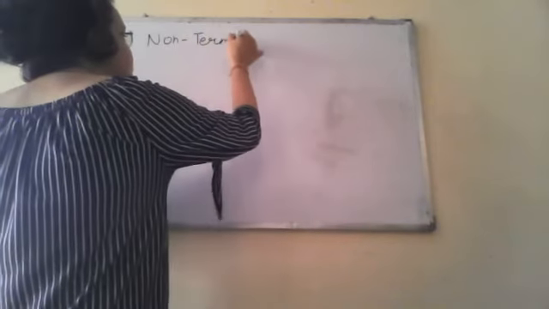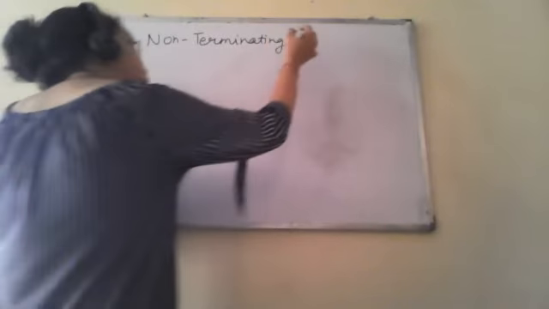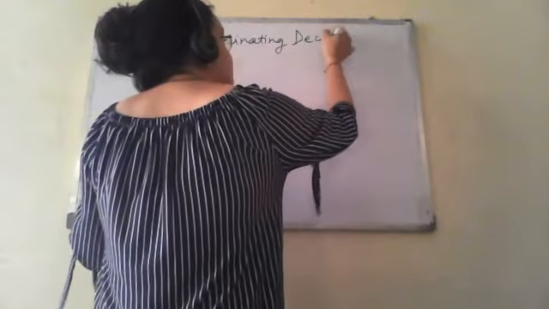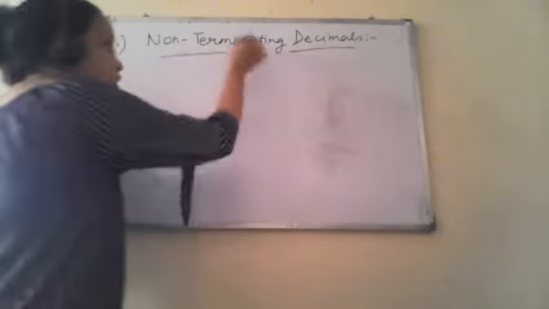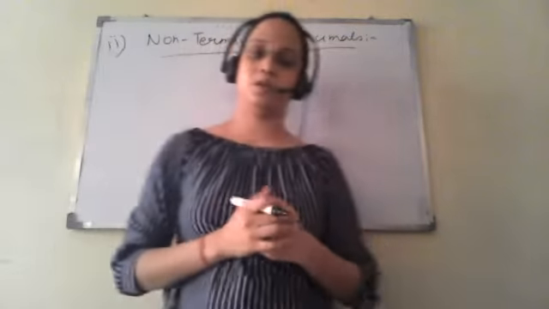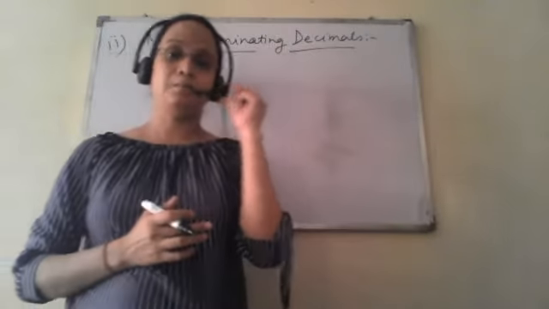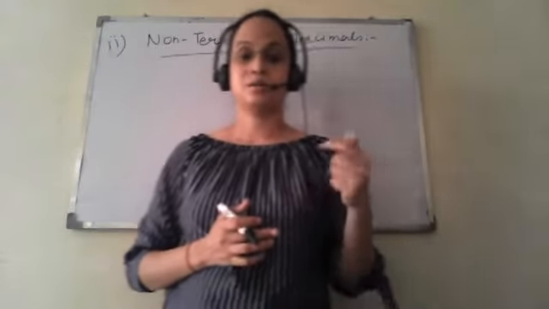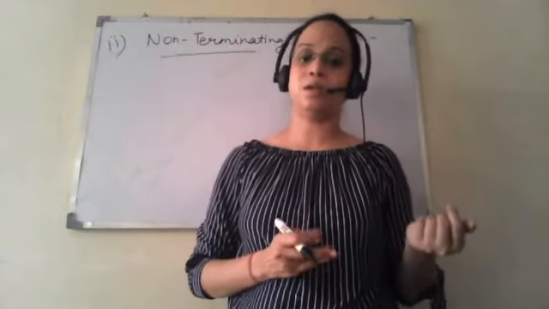Non-terminating means the remainder will never become 0, and a certain block of digits in the quotient will repeat after certain steps.